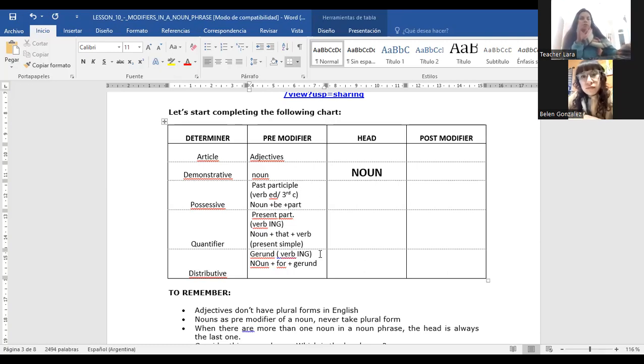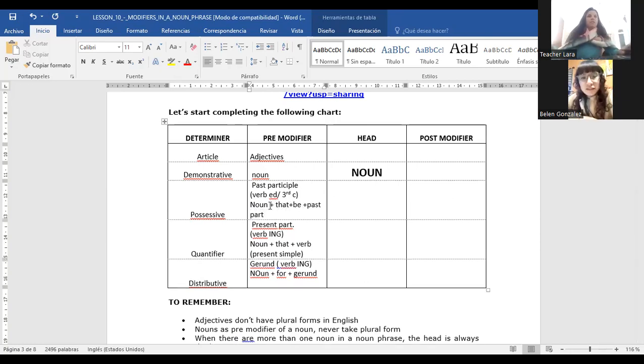She mentioned some examples. For example, related to the past participle, hidden feelings. So applying this rule, verb to be plus the past participle: feelings that are hidden.